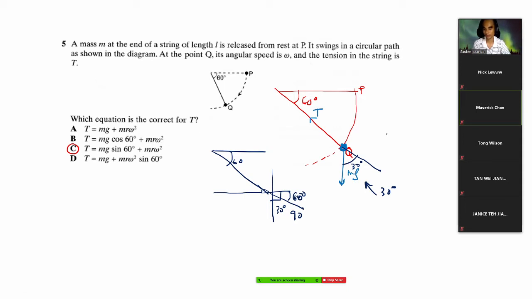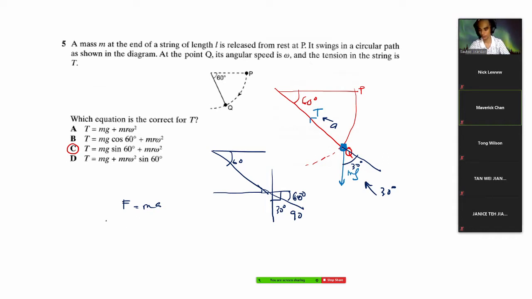There are two forces acting, one pointing up and one pointing down, because the acceleration is pointing towards the center, which is the centripetal direction. So F equals ma, and we have two forces acting on the string.